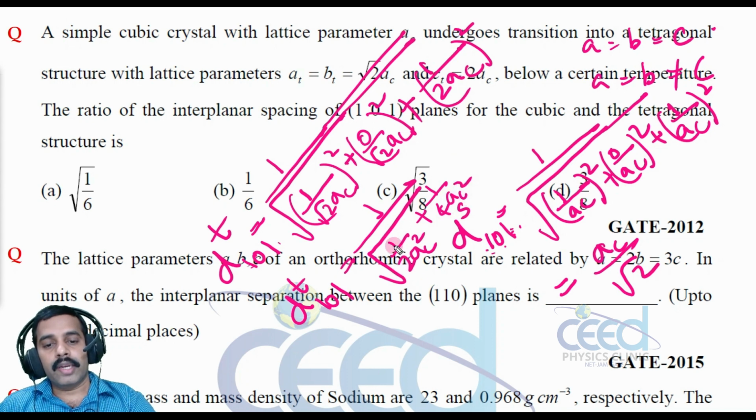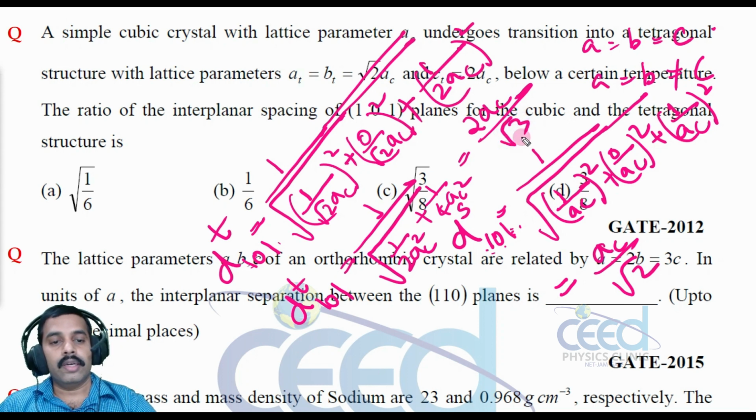Now multiply here and here with 2, and we can write this as 2 AC divided by root 3, right?